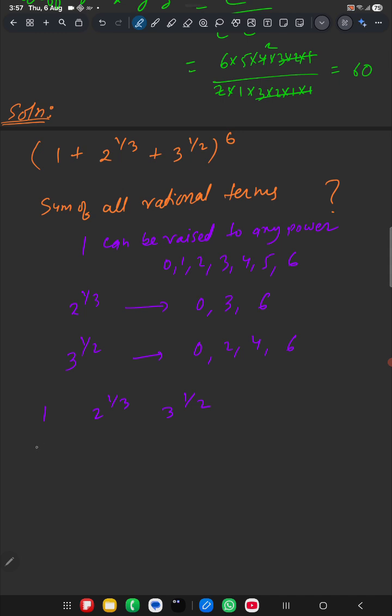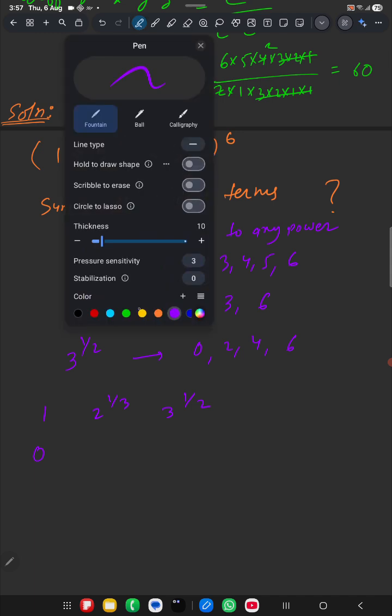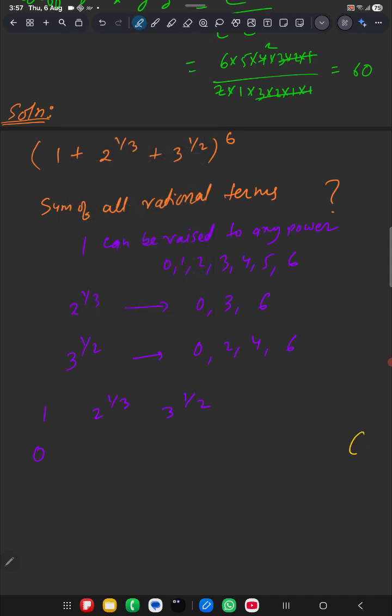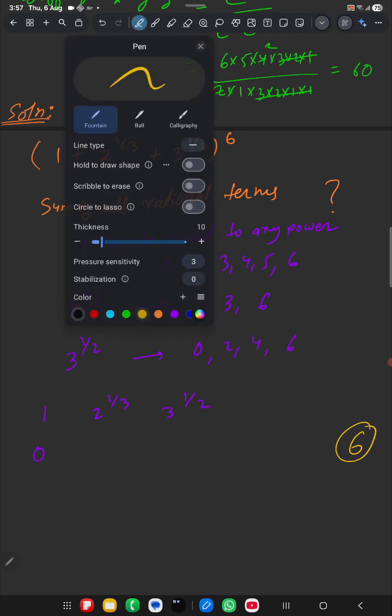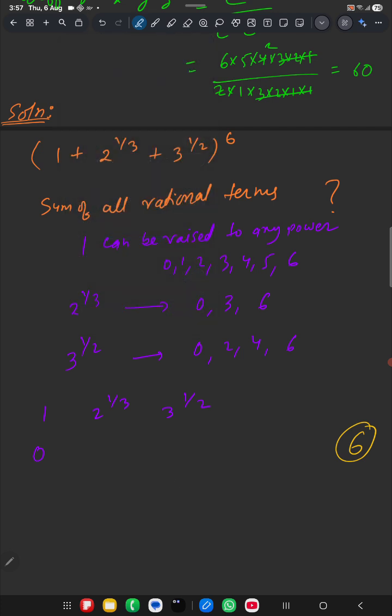So 1 can be given 0. Altogether you should give the power as a whole number, that is 6. 6 is your final value. When you give all the powers, the addition should give you 6, isn't it? So this will be 0. Then with 0, what can make 6?